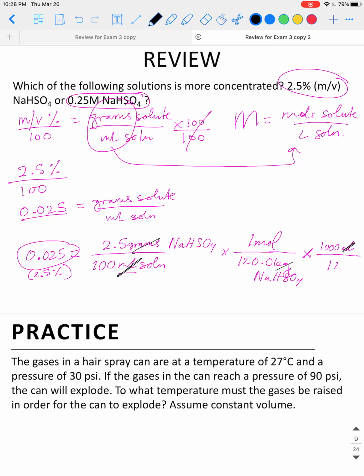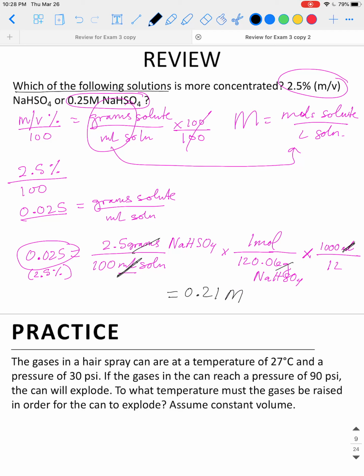We will do 2.5 divided by 100 divided by 120.06 times 1,000. What we find is this gives us a molarity of 0.208, but I'll round and say 0.21 molar.